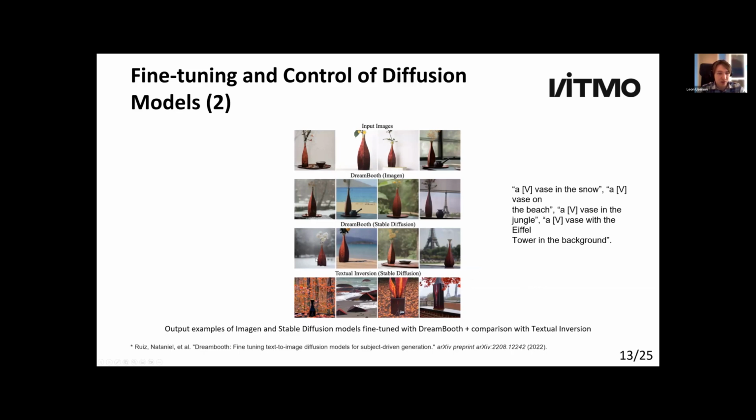Each column represents a different prompt. The first prompt is always in the snow, for example, and as you can see, the Dreambooth methods are more accurate with the target object and more accurate about the prompt, in different cases, actually.